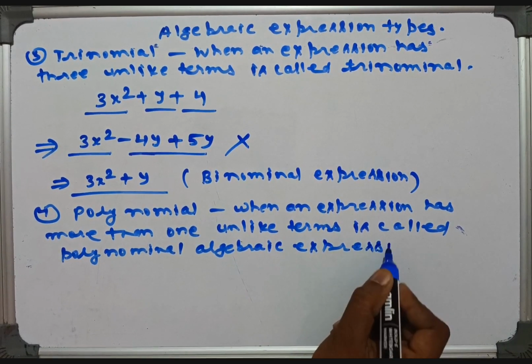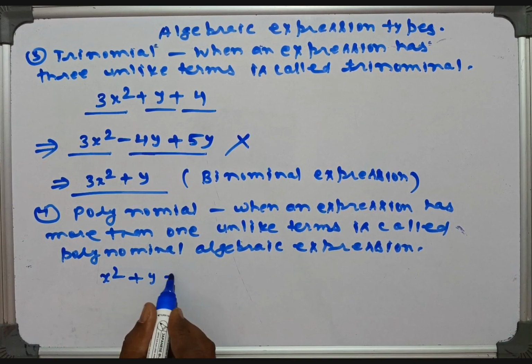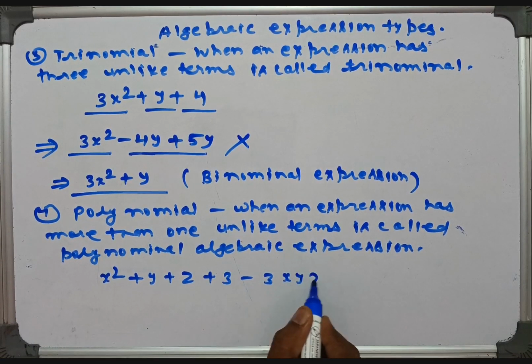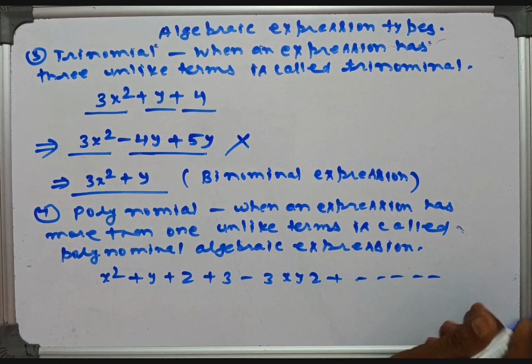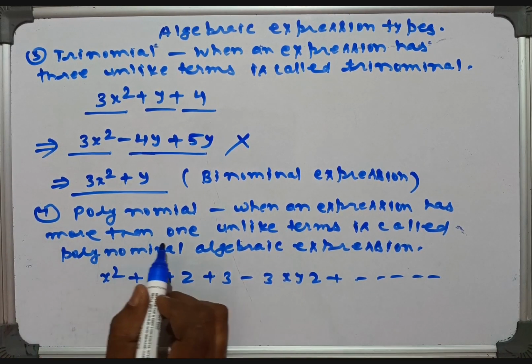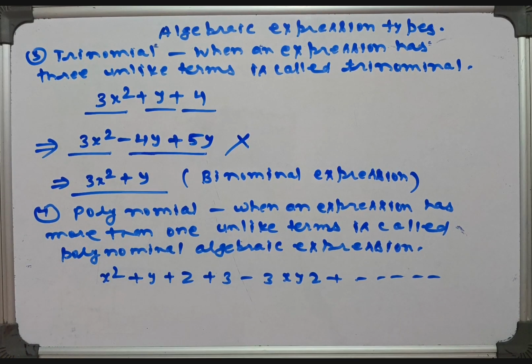See the example: x square plus y plus z plus 3 minus 3xyz and so on. So this is an example of a polynomial algebraic expression.